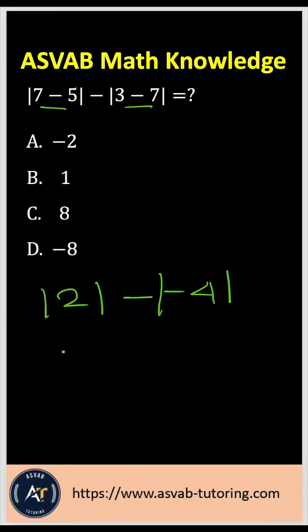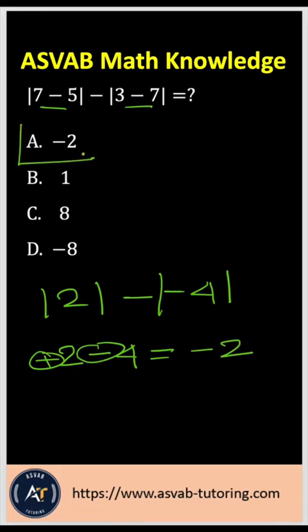So in that case, that gives you 2 minus 4. If you have the same signs in front, you add. If you have different signs, you subtract and keep the bigger number's sign. So that gives you negative 2. So the correct answer is option A.